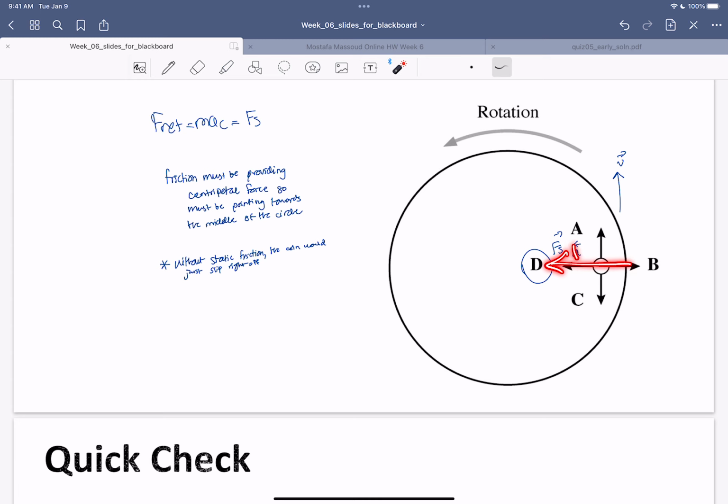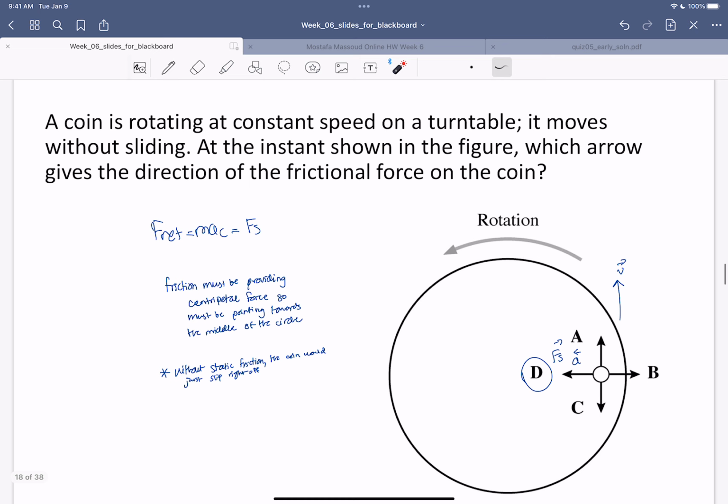So if I have static friction here as my only force, that's the force preventing me from slipping or sliding, and that's what's going to offer centripetal acceleration. That's what's going to keep me moving in that circular motion, and basically we just prevent it from slipping off as well.